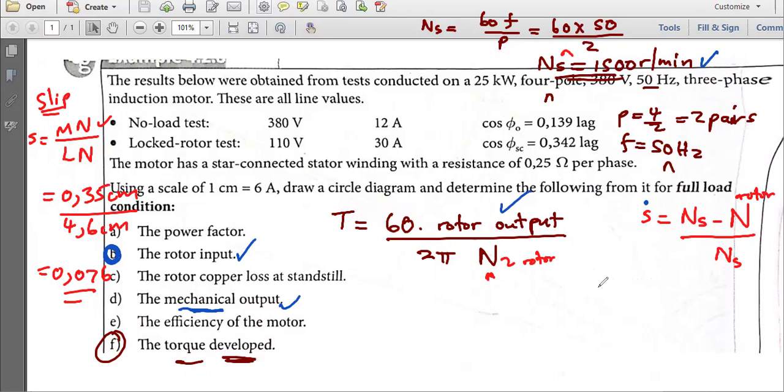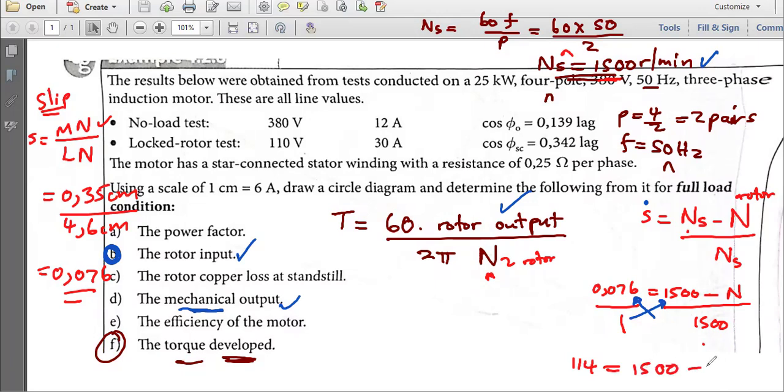We can just substitute or make any the subject, it's up to you. Our slip 0.076 is equal to the synchronous speed, we calculated this 1,500, minus the rotor speed over the synchronous speed, 1,500. So just cross multiply. That was going to help us eliminate one or two things. So if we cross multiply 0.076 times 1,500, that was 114, which is equal to 1,500 minus n.